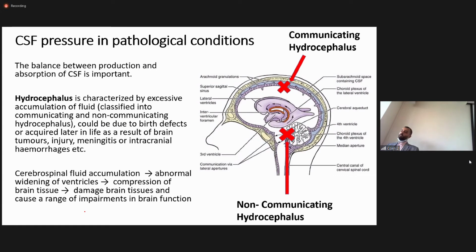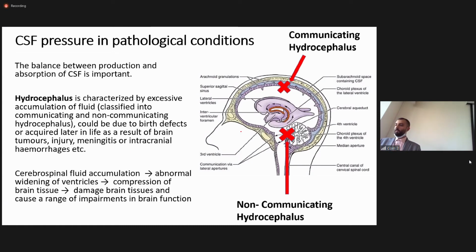And so any disturbance in the rate of production and reabsorption would lead to high accumulation of CSF, which is a condition called hydrocephalus. And this can be either communicating or non-communicating.